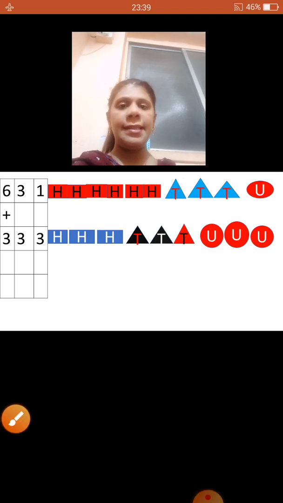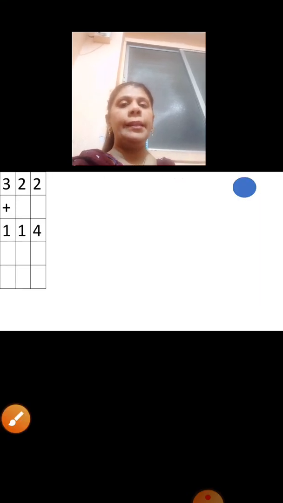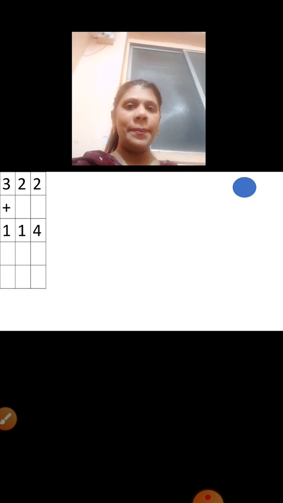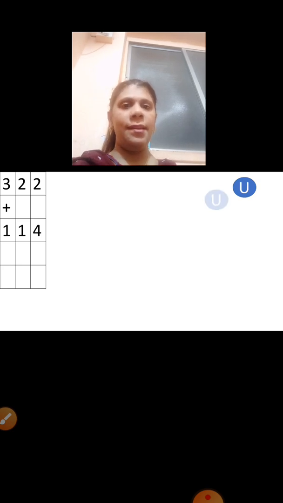Now come to the next sum. 322 plus 114. Okay, so which number is in unit place? Number 2. So how many units we are going to draw? 1, and here comes 2. Okay, and how many tens?